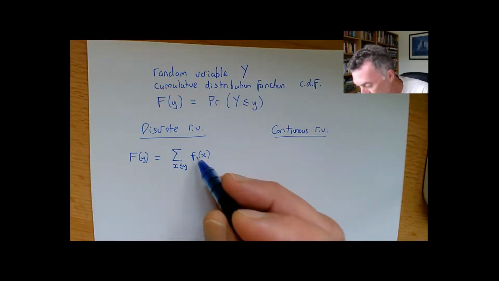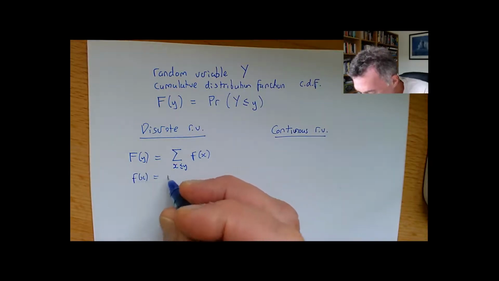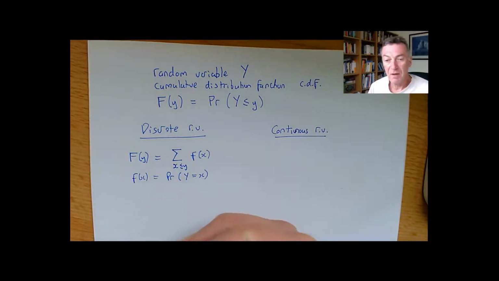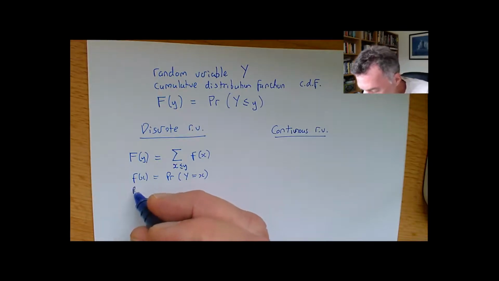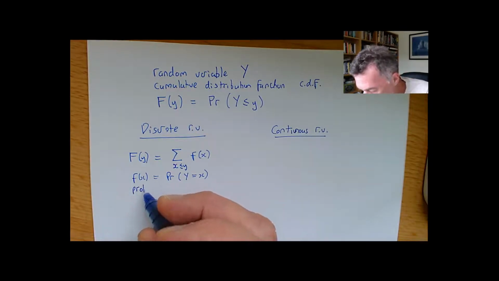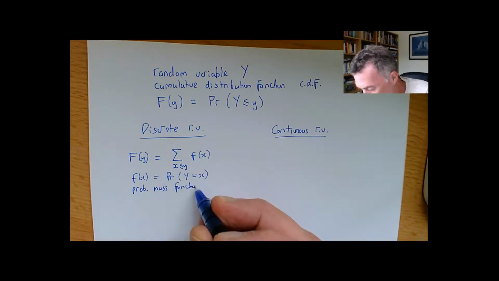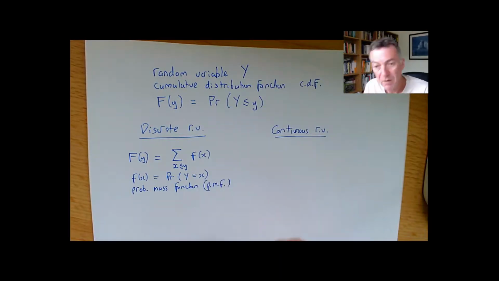So little f of x is just the probability that the random variable Y is equal to x. And this individual probability function, little f of x, is called the probability mass function, PMF. Right, so that's that one.